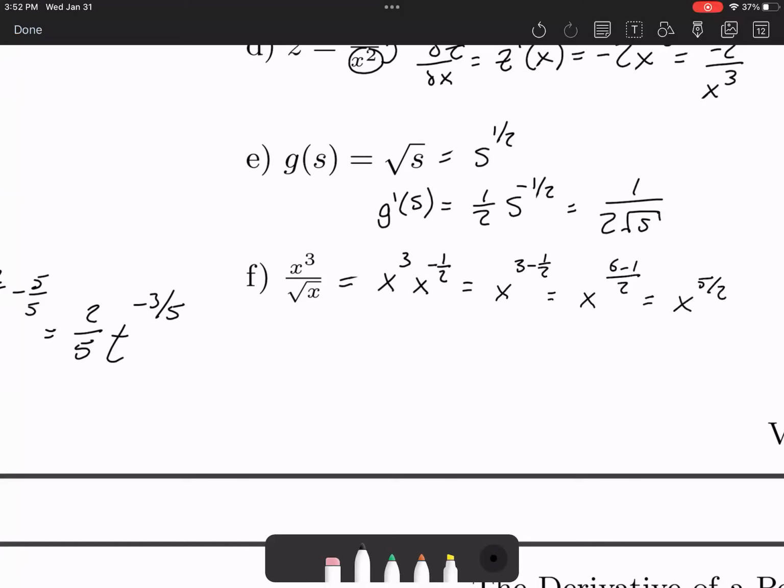Now note, we haven't taken a derivative yet. So x cubed over square root of x differentiates to 5/2 x to the 5/2 minus 1. Which algebra can clean this up for us.